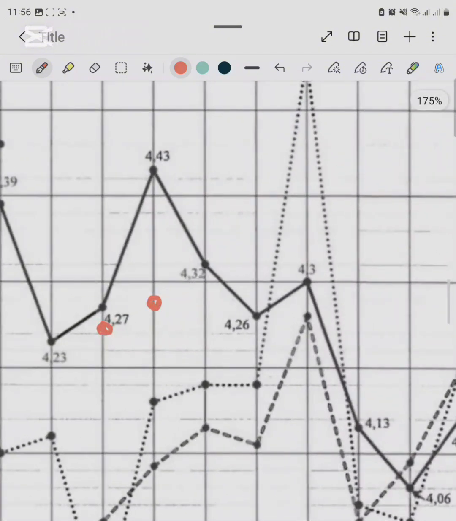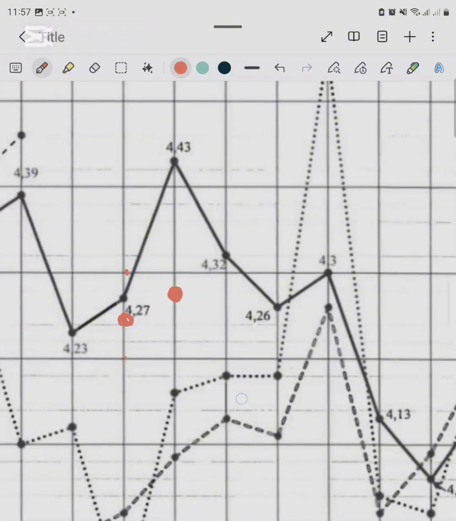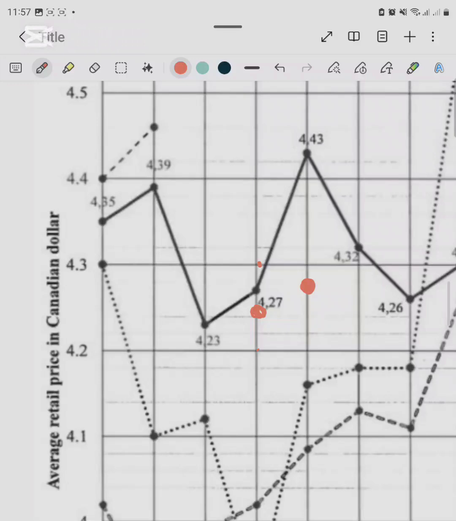And I'm using my reference points as this 4,27 over here, right? I know 4,25 will be exactly halfway between these two lines, okay? Because this is 4,2 and 4,3, so 4,25 must be in between them. Then I've got 4,28, which must be slightly higher than 4,27. That's why I've placed it over there.